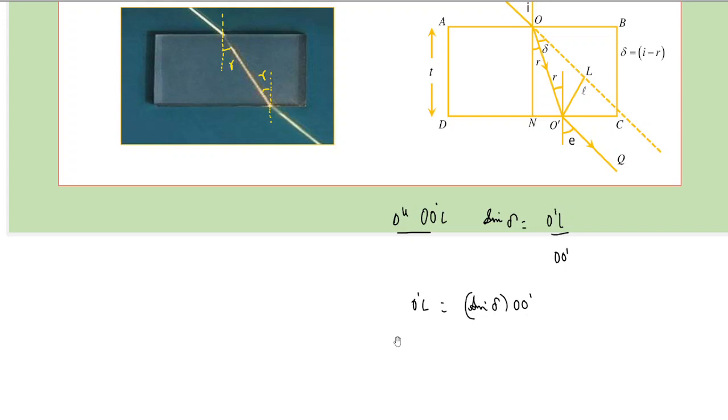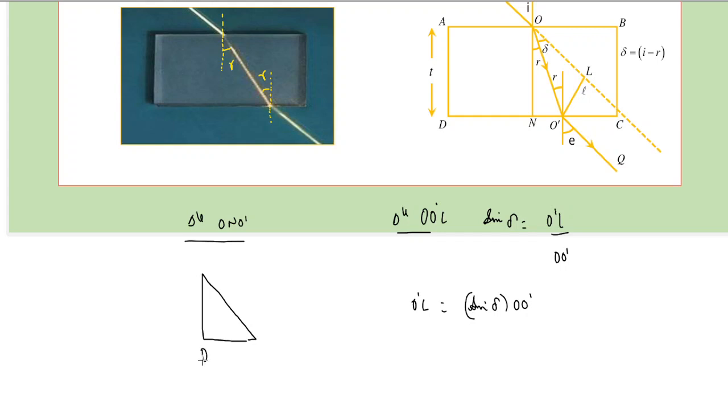But we don't know what O dash itself is. To solve this, we'll take another triangle, triangle N O dash, as given here.